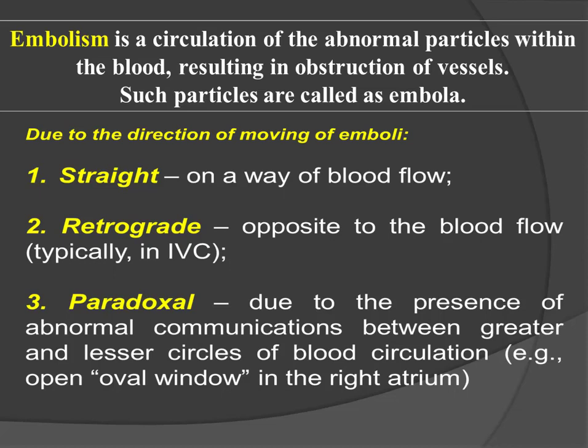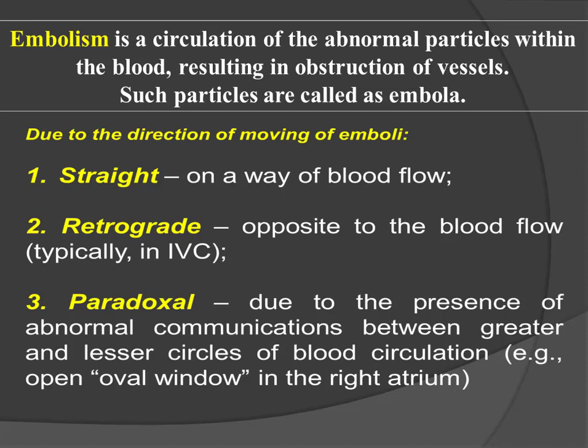Types of embolism according to localization: small blood circulation, large blood circulation, and the system of the portal vein. According to the material of the emboli: thromboembolism, tissue or cellular embolism, bacterial embolism, embolism by foreign bodies, fat embolism, amniotic fluid embolism, and air and gas embolism.